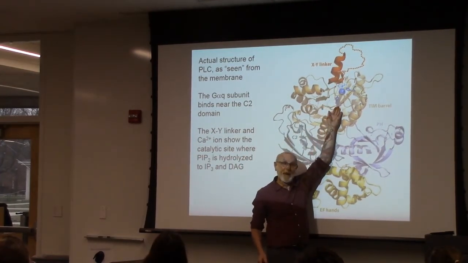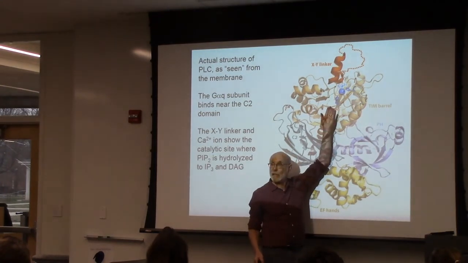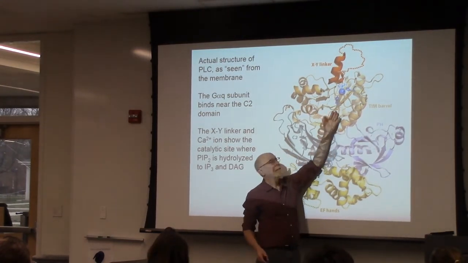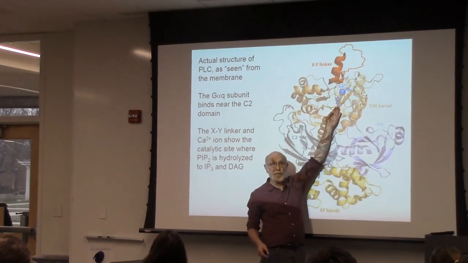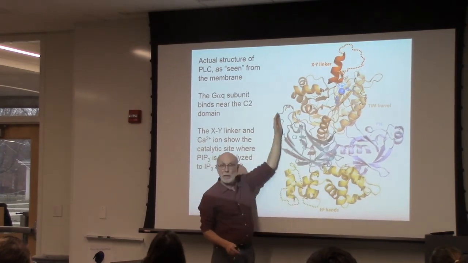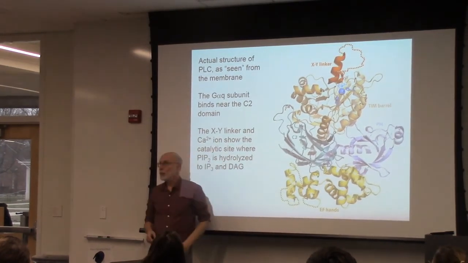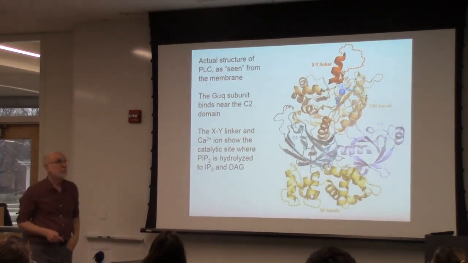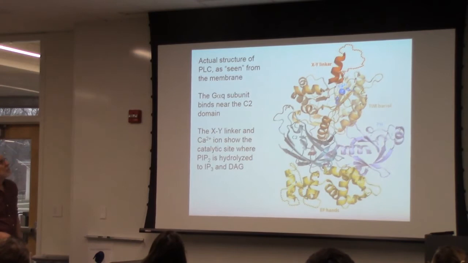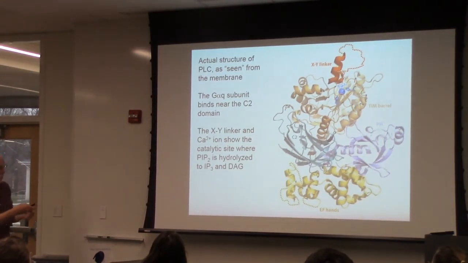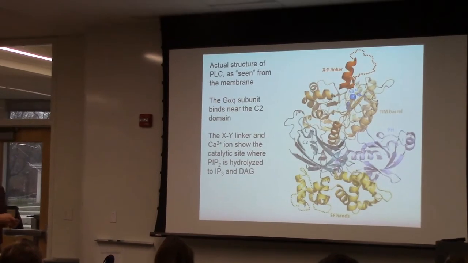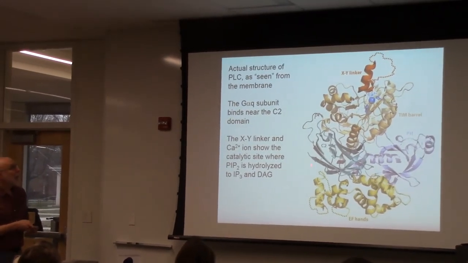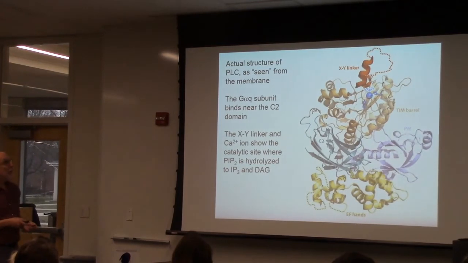This calcium is not the same calcium that activates PKC, because this is phospholipase C, but it's got a calcium at the active site. So there's the site that cleaves PIP2, and here's the surface to which the G protein binds to turn it on. I won't ask you to know this, but just so you know, this is the surface where Gq binds.